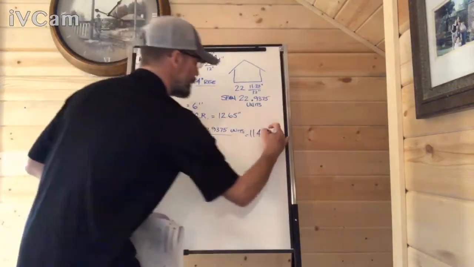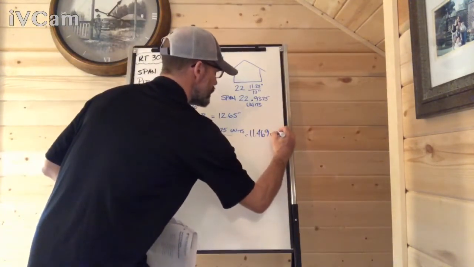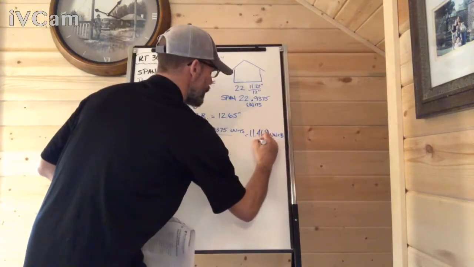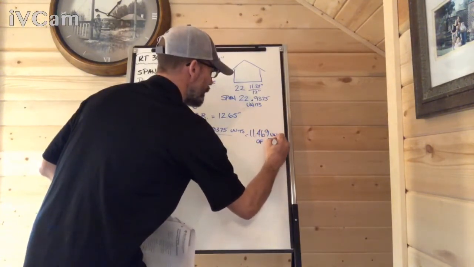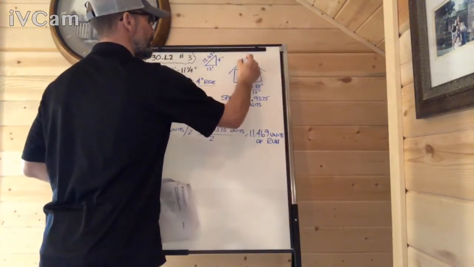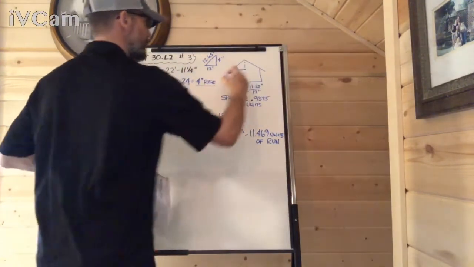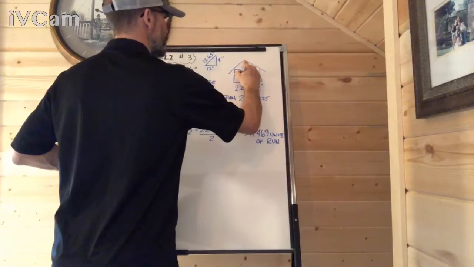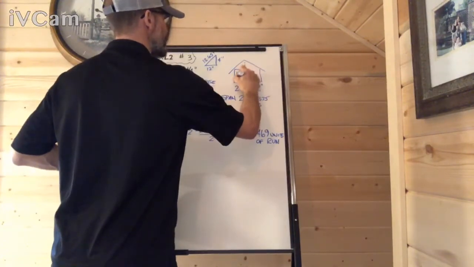This was units divided by 2, so this is now units of run. So halfway across my building is 11.469 units.